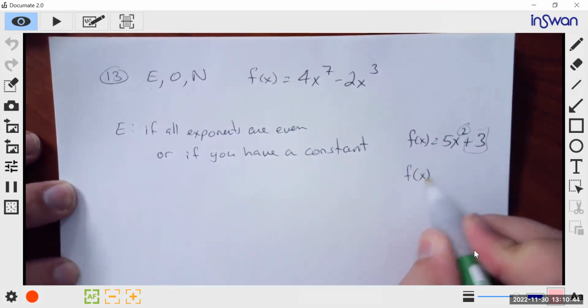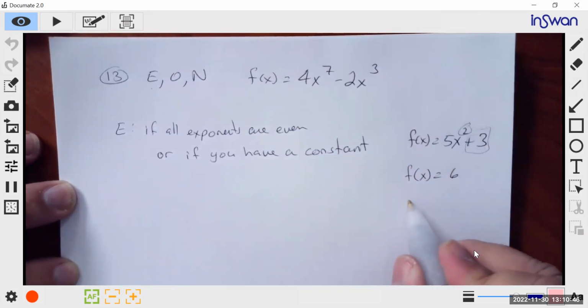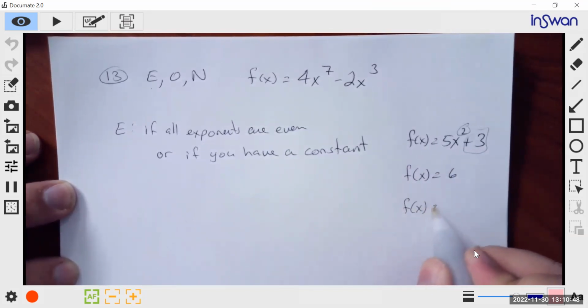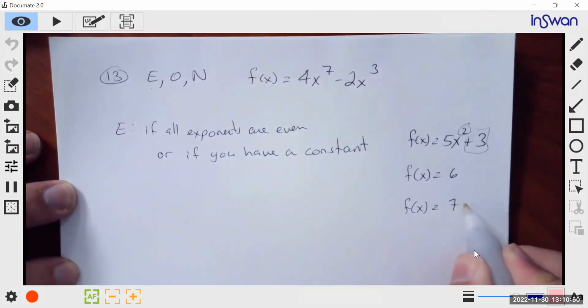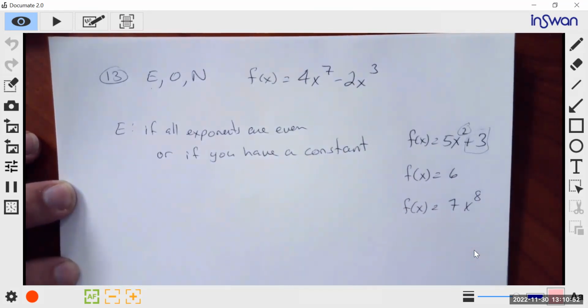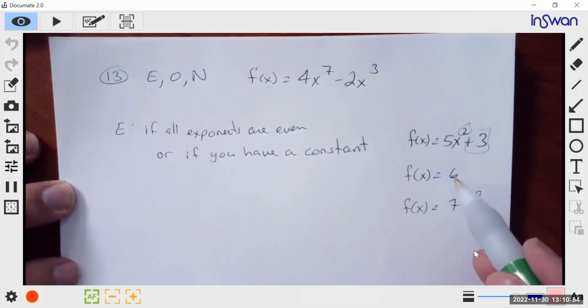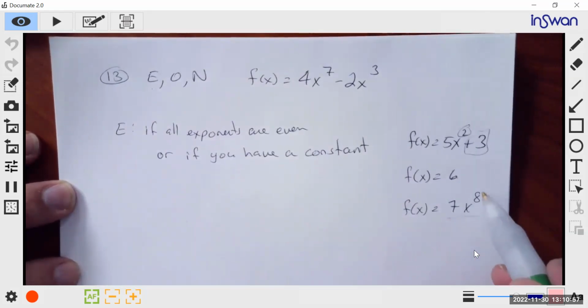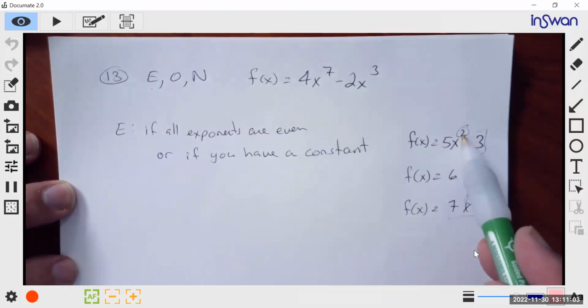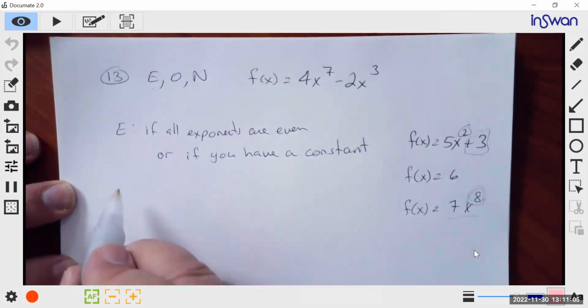So that's an even function. It could be a constant by itself, an exponent, or if you have a bunch of them, they all have to be even, or they could be combined. Only even exponents and a constant, then it's even.